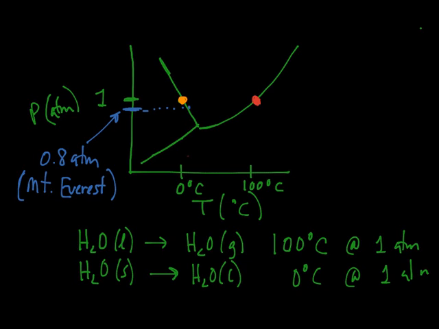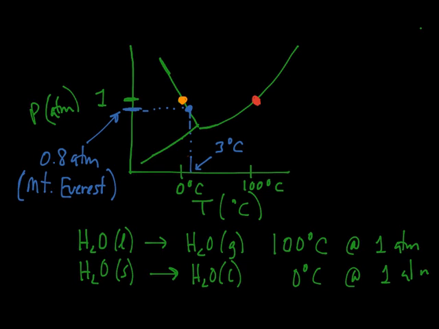We'll hit this point here, and then we go down, and we see it intersects this point on the graph. So let's say this is higher than 0 degrees, so let's call it 3 degrees. So then we know on Mount Everest, water will actually melt at 3 degrees instead of 0 degrees at 0.8 atmospheres of external pressure.